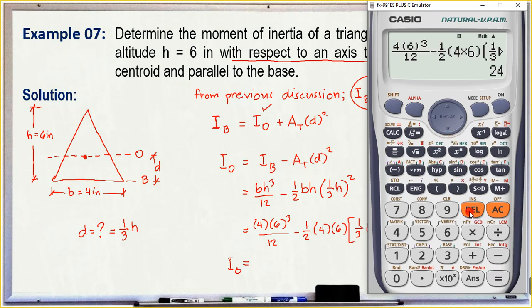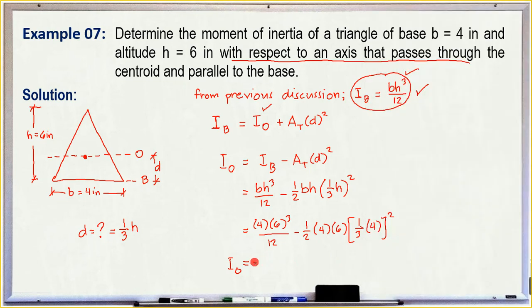So the answer is 24 inch to the fourth. So 24 inch to the fourth is our final answer for the moment of inertia of a triangle with respect to an axis that passes through the centroid.